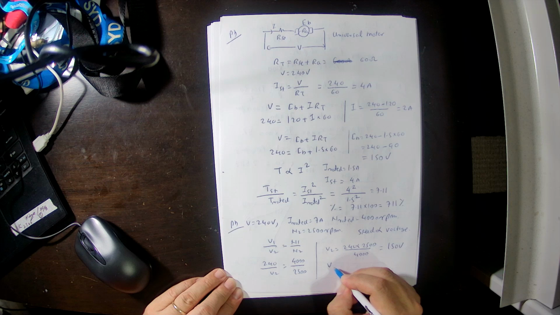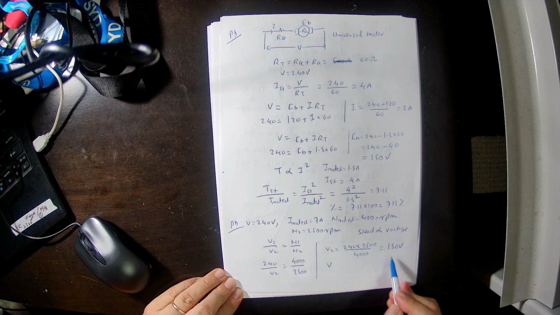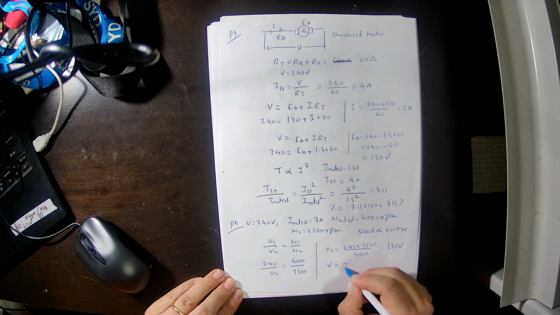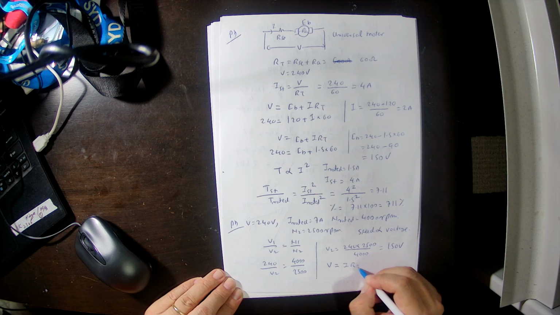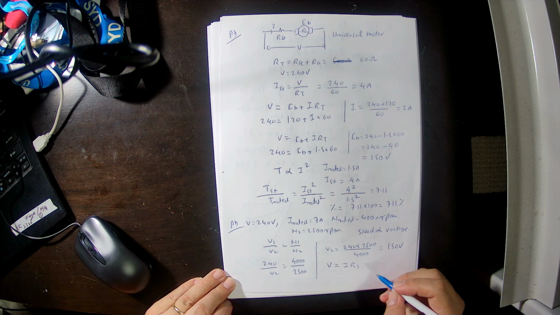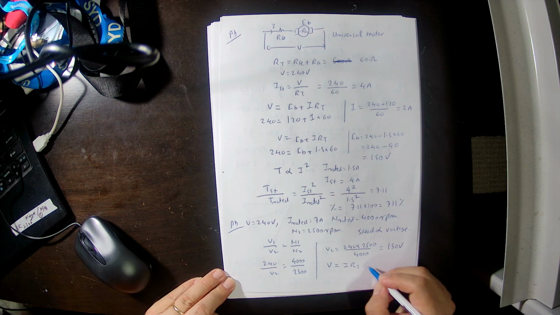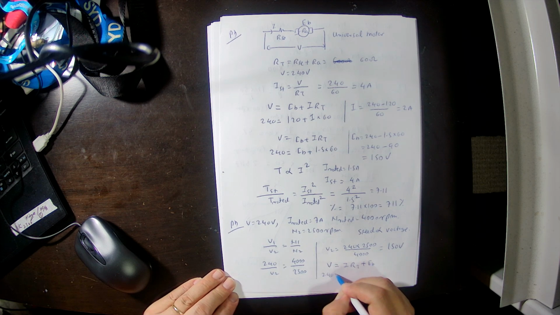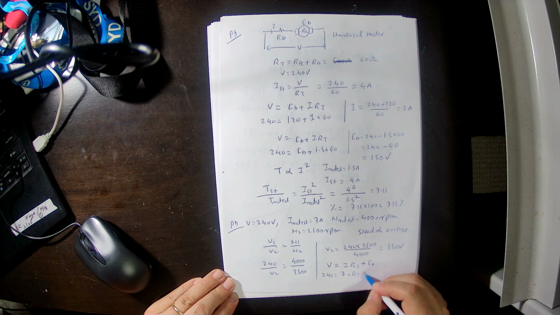So this is our induced voltage, the back EMF. So V is equal to I R total plus EB. V is 240, total current is 7. We don't know R total. EB is now reduced to 150.